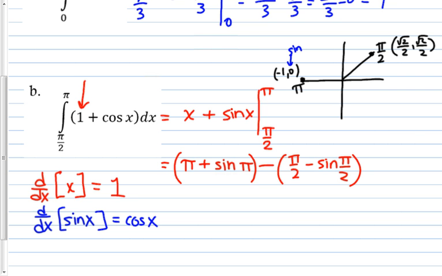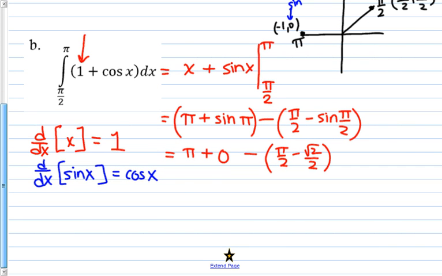So back over here. I have pi plus the sine of pi, which is 0, minus pi over 2 minus the sine of pi over 2, which is square root of 2 over 2. Simplify.